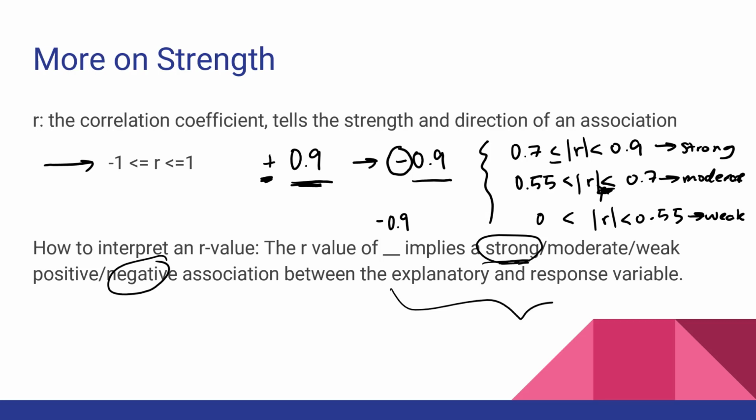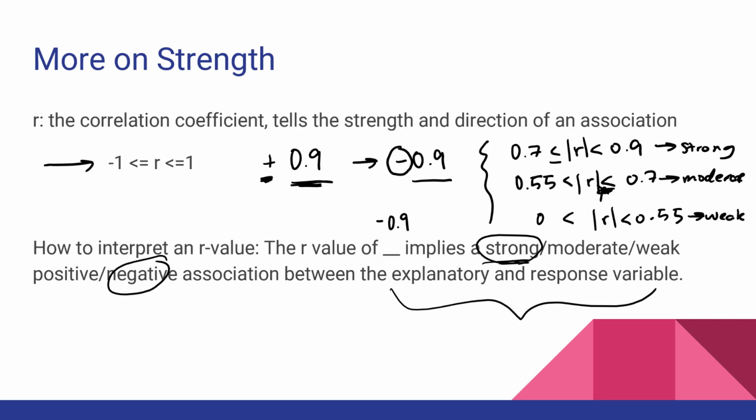I left this at explanatory and response variable, but when you actually answer questions, you need to put in the context. So if this were between age and memory, then we would say the value of -0.9 implies a strong negative association between age and memory.